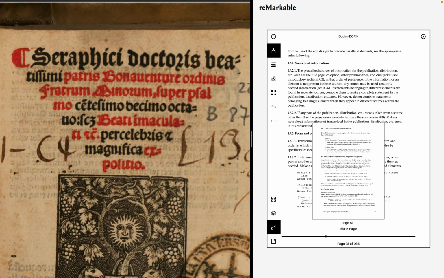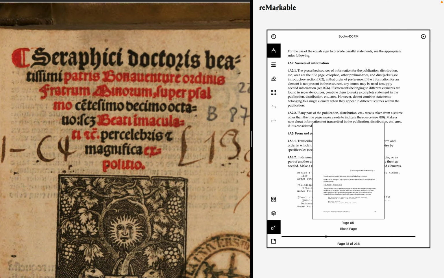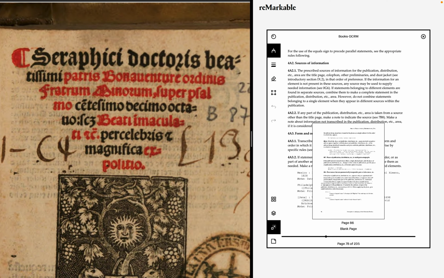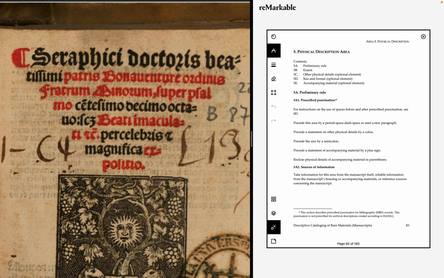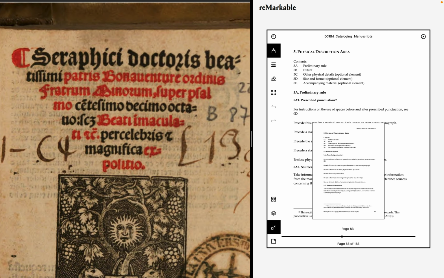Nope. Could also be in the manuscripts version, descriptive cataloging for manuscripts. It would be the same rules.